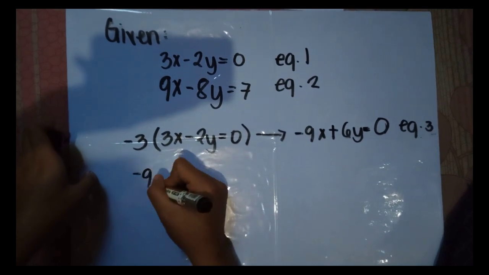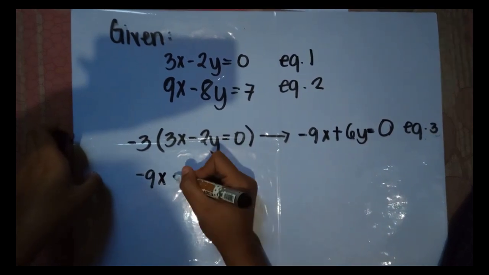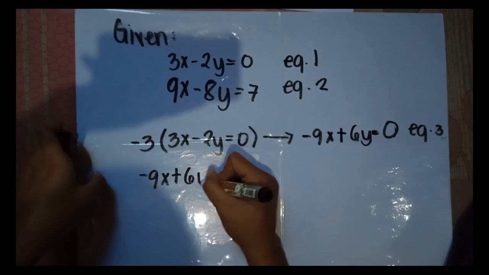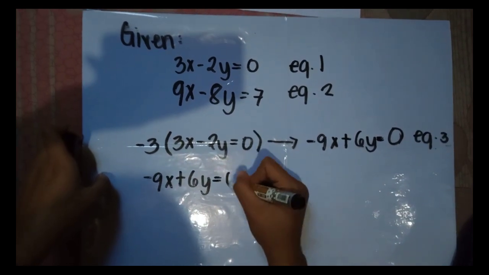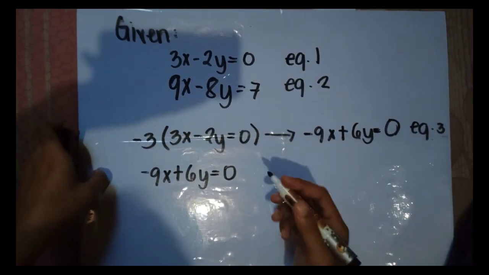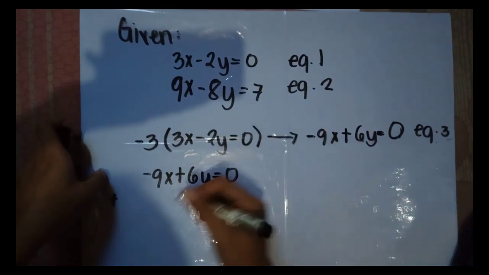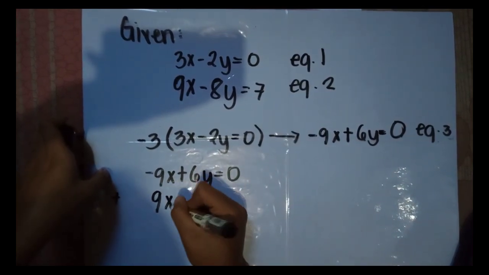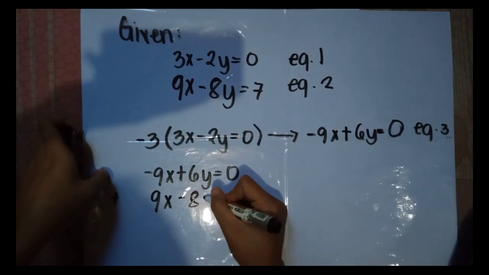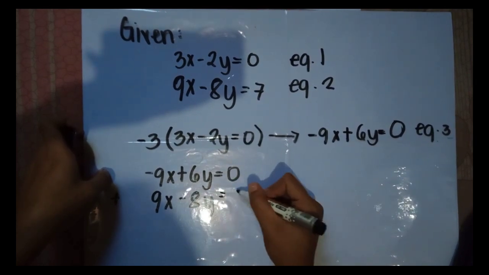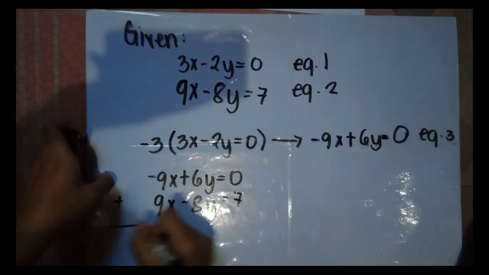Negative 9x plus 6y is equals to 0, since this is our equation 3, plus the equation 2, which is 9x minus 8y is equals to 7.